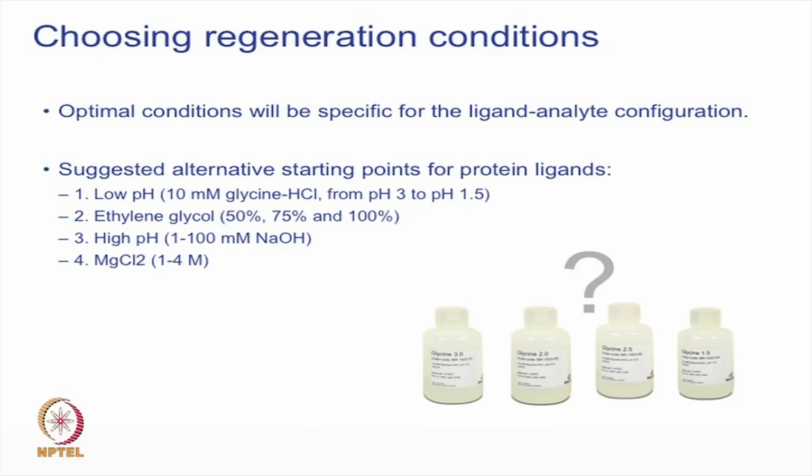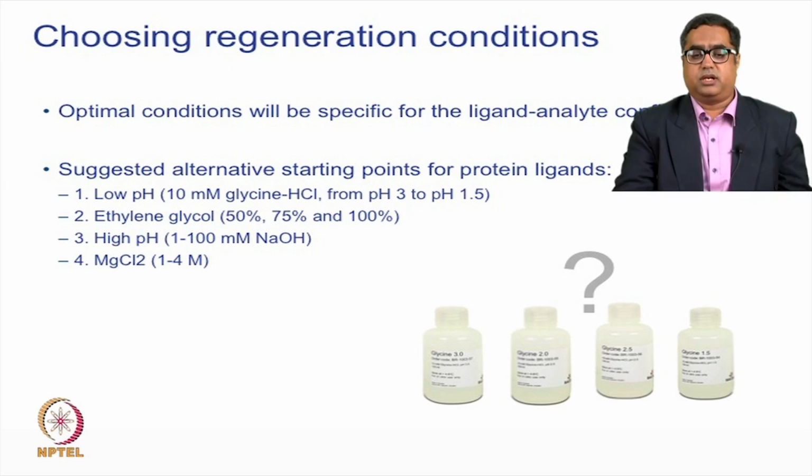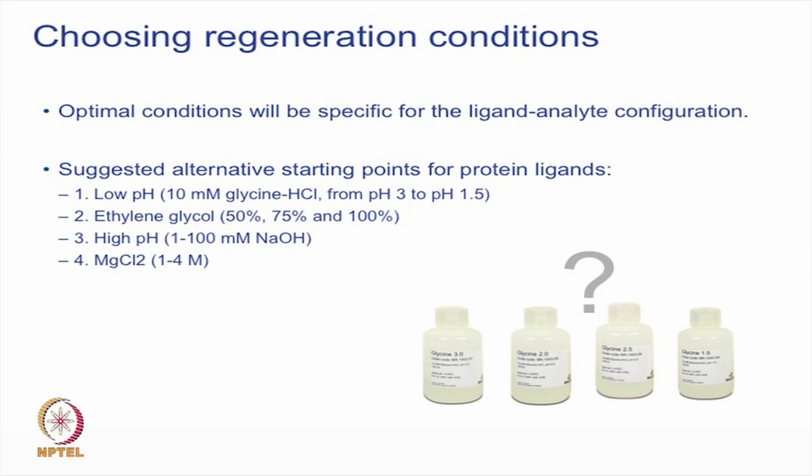Some of the commonly used regeneration conditions are low pH, ethylene glycol, high pH, and magnesium chloride. Once we identify the proper regeneration solution, we need to check whether we get our reference surface and active surface back after injecting it.